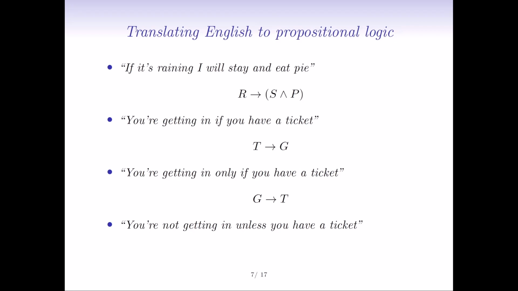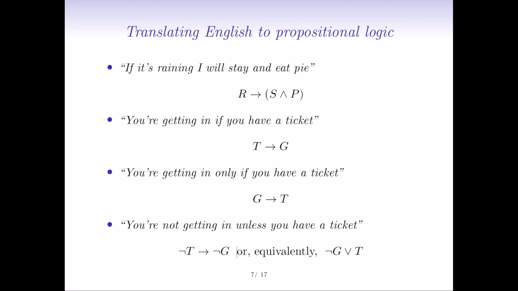If you don't have a ticket, then you are not getting in. So one way of translating this is, if you don't have a ticket, not T, then not G, you're not getting in. I think that's a reasonable way of translating you're not getting in unless you have a ticket.